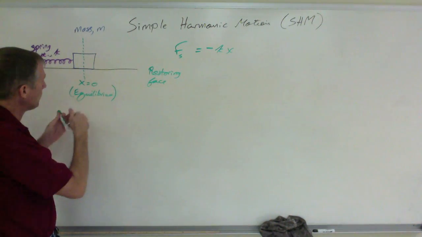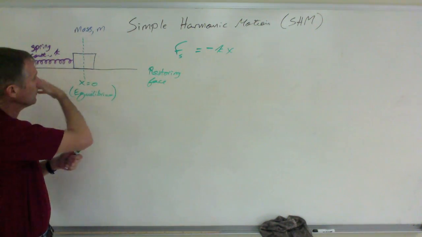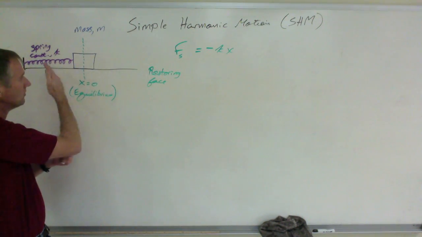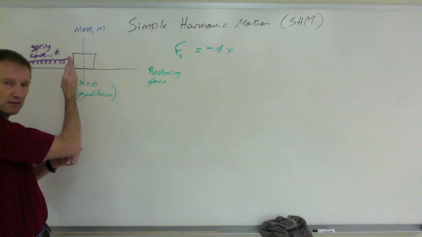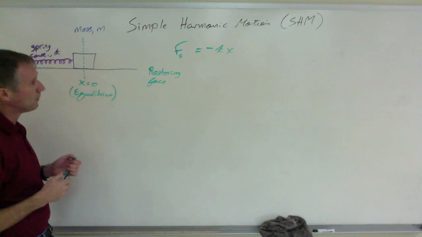If we assume this is frictionless, this would go on forever. If there is friction, then it would decrease its amplitude over time. We call that damped, D-A-M-P. We dampen the oscillations until it eventually stops.